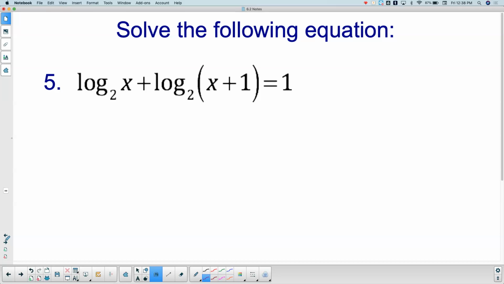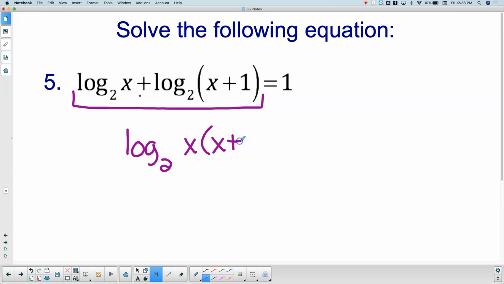So what I'm going to do is condense this log into 1. Since I'm adding here, that means I would be multiplying in my argument. So those 2 logs condense down to log base 2 of the quantity x times x plus 1.